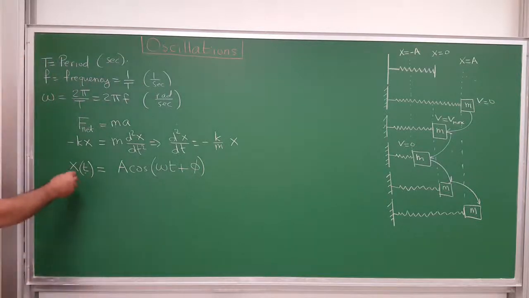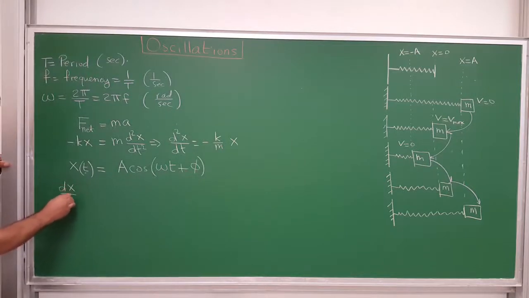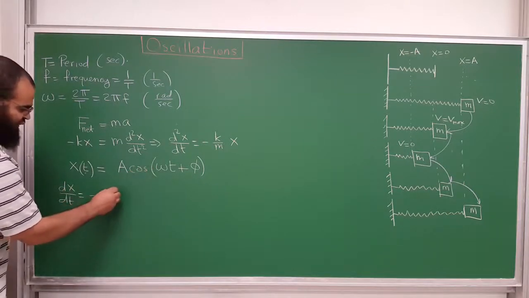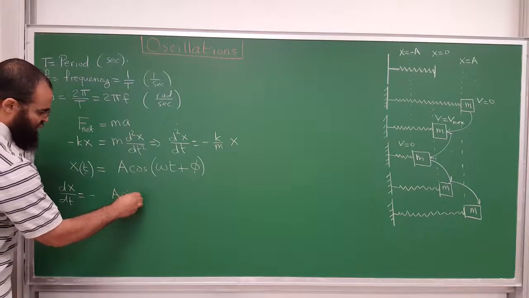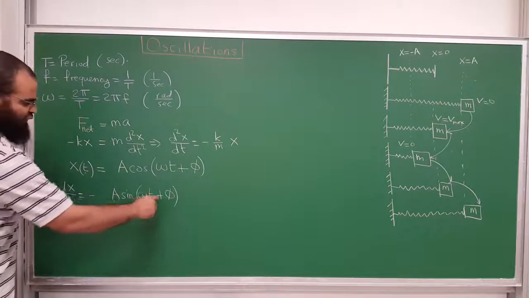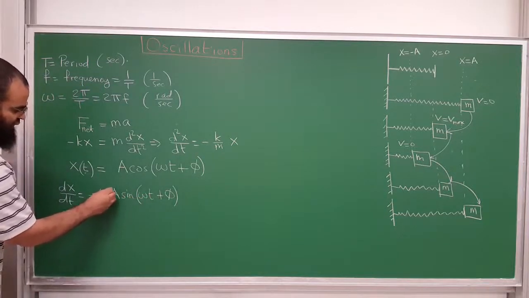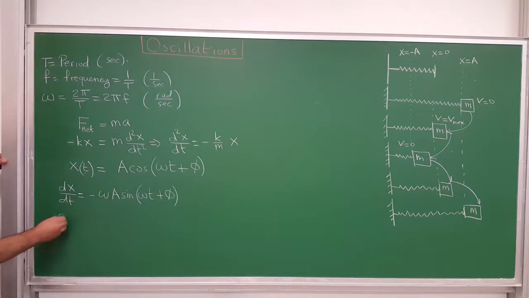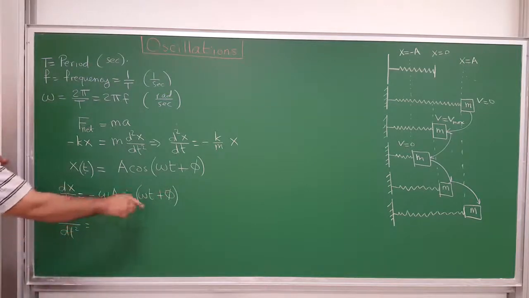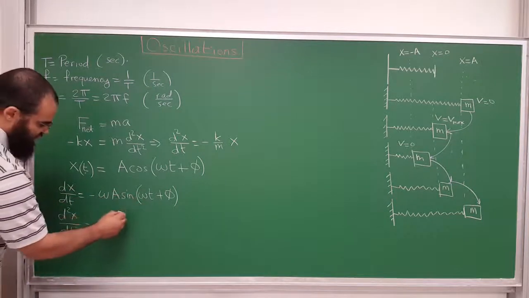So let's first verify that the second derivative of this gives something like that. dx/dt: the derivative of cosine is negative sine, so it would be negative A sine of omega t plus phi. But you have to take the derivative of the inside by the chain rule, so you get an omega out. When you take the second derivative, you take the derivative of the sine and you get the cosine.